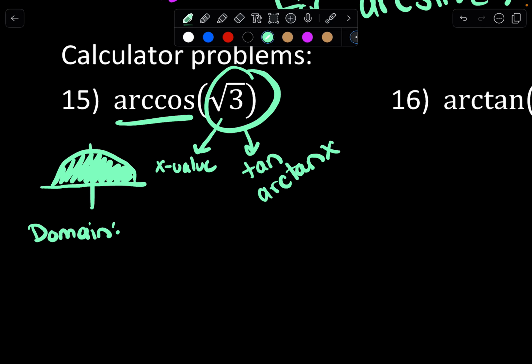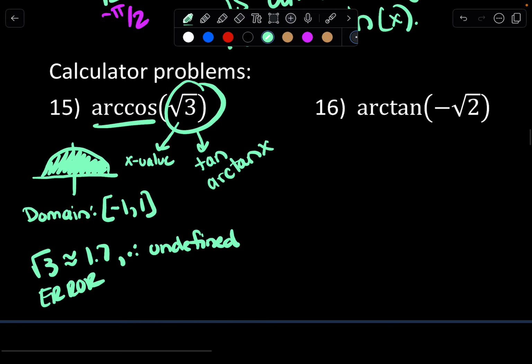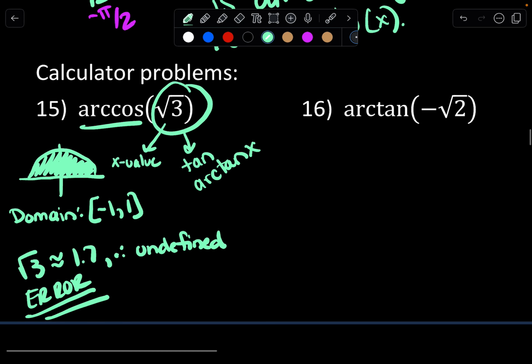The domain for arc cosine is going to be the range of cosine, which is from -1 to 1. Root 3 is about 1.7. So if you type this in the calculator, you should get error, which is good. That's a fail-safe for you. So therefore, this one is undefined because it is out of the domain for arc cosine. The calculator will save you, but you don't have enough time to type every single one in the calculator.